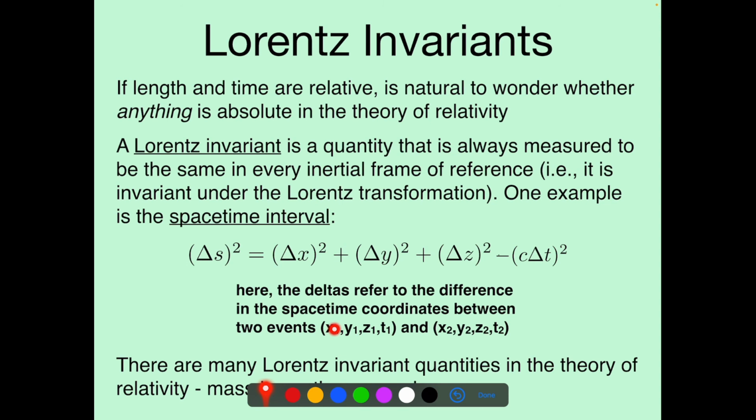So if I have x1, y1, z1, and t1 as the first event, and then x2, y2, z2, t2 as my second event, delta x would be the distance on the x-axis between those two events, delta y would be the distance on the y-axis between the two events, and so on. So delta S, defined in this way, is a Lorentz invariant quantity, meaning regardless of your frame of reference, if there are two different events, we can all agree on what the space-time interval delta S is for those two events.